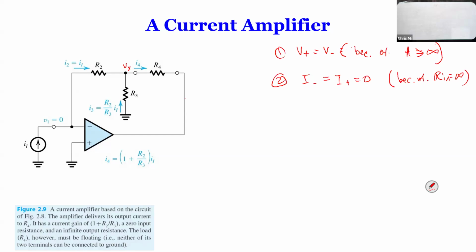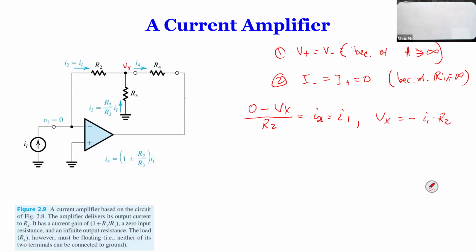Because this is 0, 0 minus Vx divided by R2 equals I1, equals I2. Therefore, Vx is equal to minus I1 times R2.